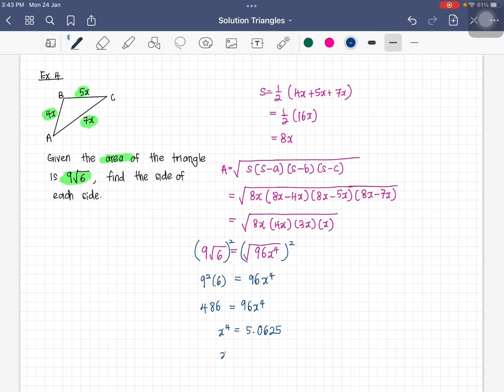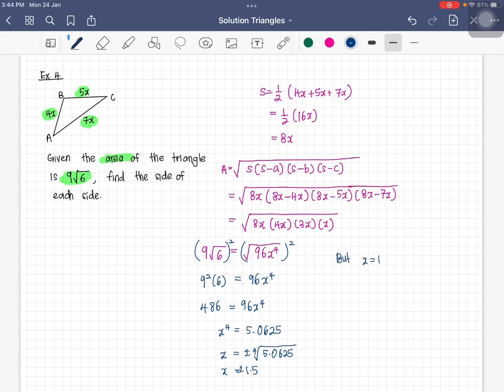Therefore, when I want to find the value for x, basically it should be plus minus, but since it is about the length, I have to take the fourth root of 5.0625, so x is given by 1.5.